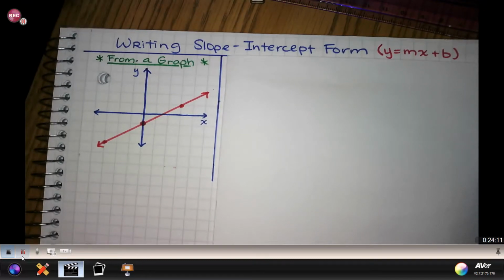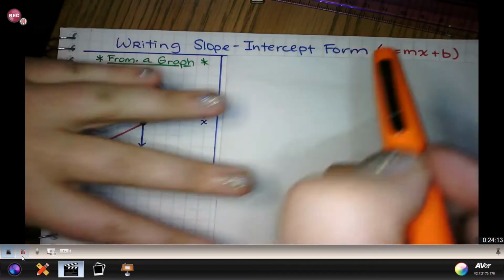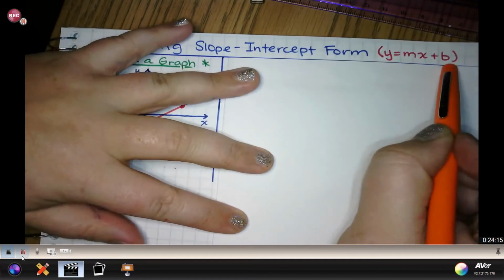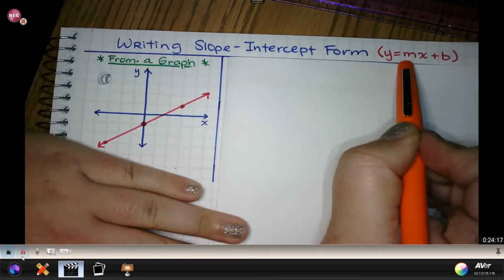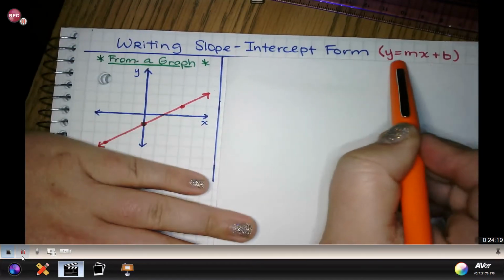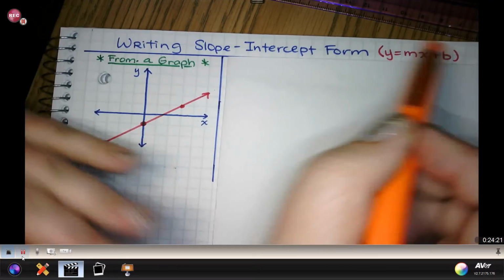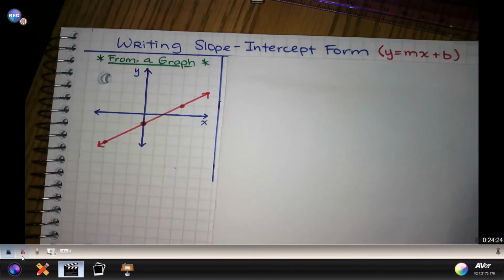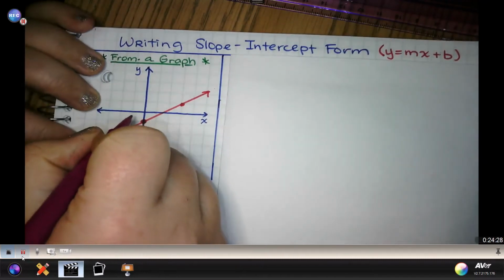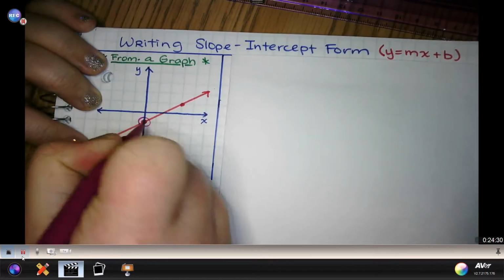All right, so from a graph, we again are doing y equals mx plus b, and we want to put in an m value and a b value, or slope and y-intercept. Well, hopefully y-intercept is very easy, because where does it cross the y-axis? Well, right here.